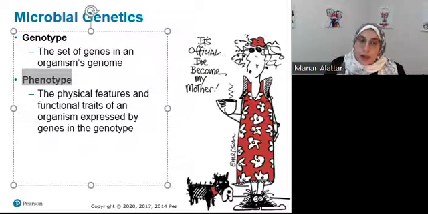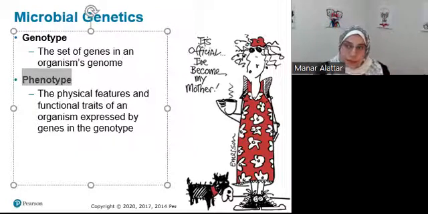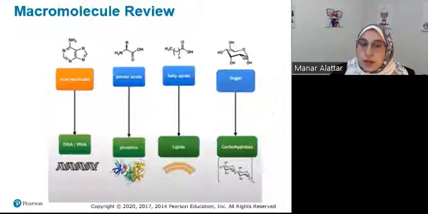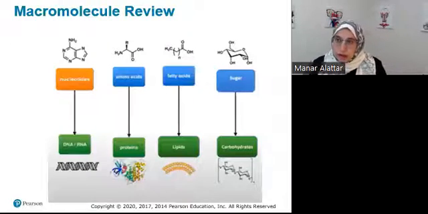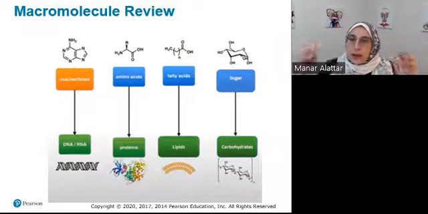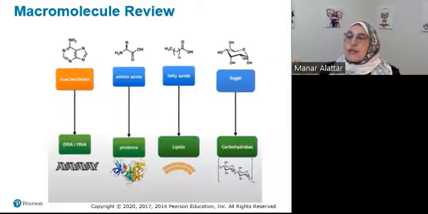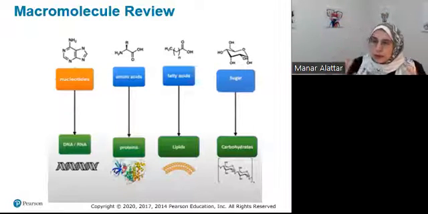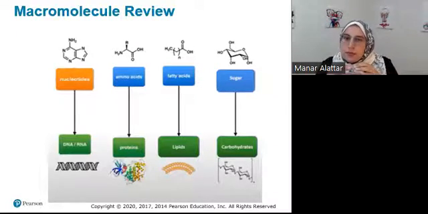Now, another set of terms that are essential to this discussion includes macromolecules. If you remember back to previous biology classes, there are 4 essential classes of macromolecules, or large biological molecules, that essentially make up cells.